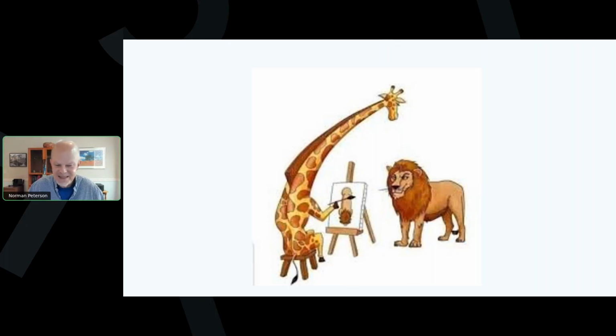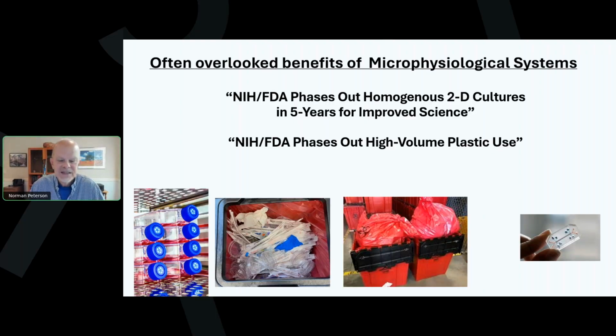So at this point, I want to provide just a little bit of my perspective. This is coming from my experience. It's not fact per se, but where I kind of see things going and some different aspects that we need to look at. So I think one of the things is that we got carried away looking at MPS systems as a route to reduce animal use.